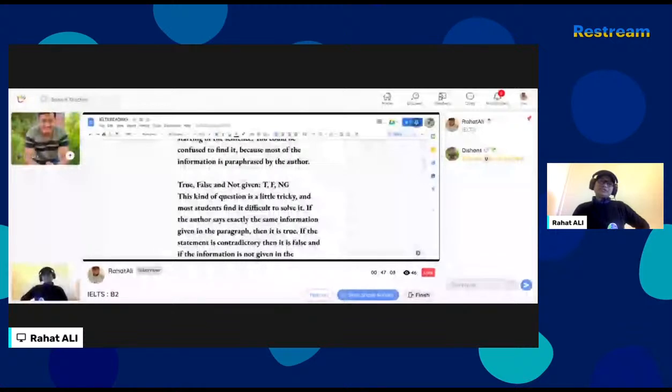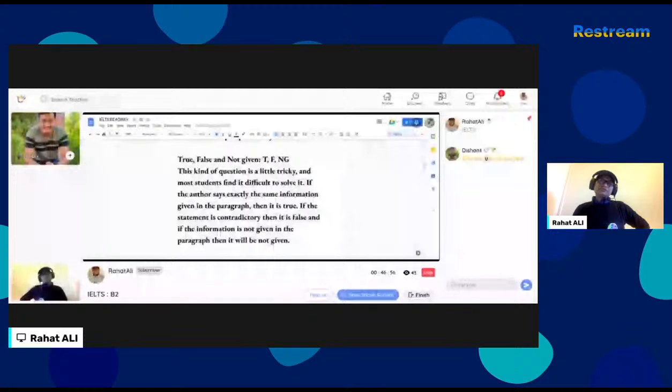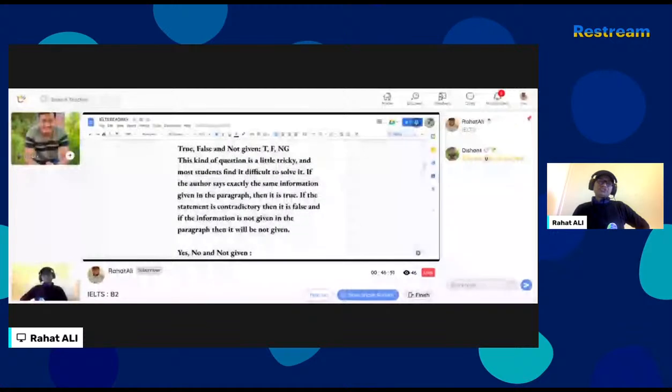If the author says exactly the same information given in the paragraph, then it is true. If the statement is contradictory, then it is false. And if the information is not given in the paragraph, then it will be not given.